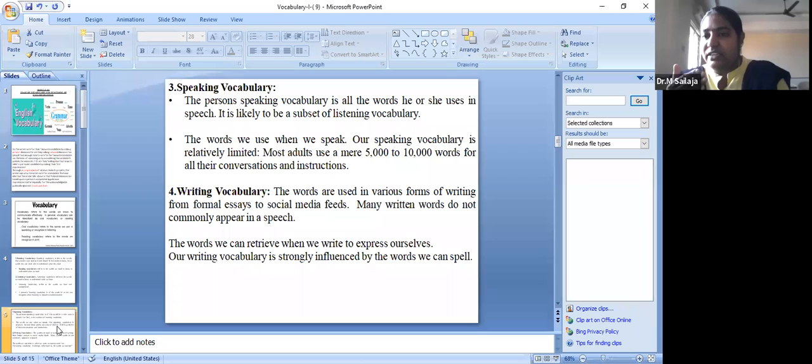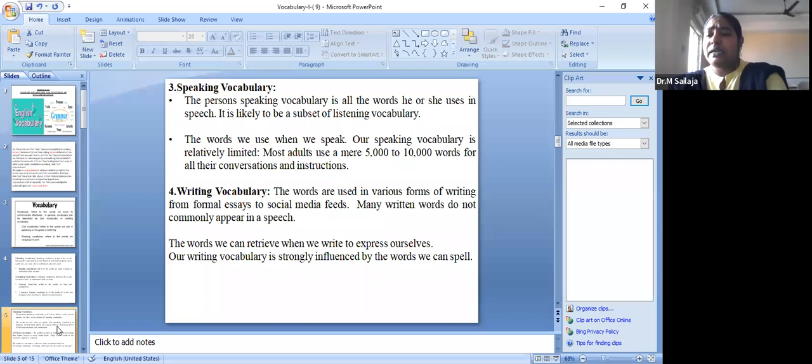Similarly, instead of speaking normal daily usage language in English, if you are able to use highly vocabularized words, you'll be considered a good language speaker rather than by using daily usage words. If you maintain highly vocabularized words in an easy, comfortable and understandable manner, you will be considered a good language speaker.